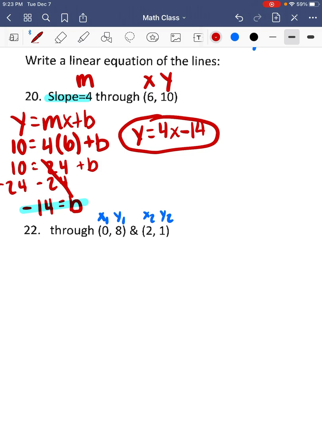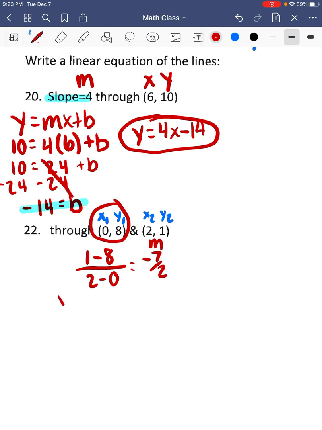So you are going to have 1 minus 8 over 2 minus 0, which is negative 7 over 2. This is your m. Then you're going to pick one point to use to find your b. And I would pick the easiest ones that you have. Personally, I would go with this one because it includes 0.